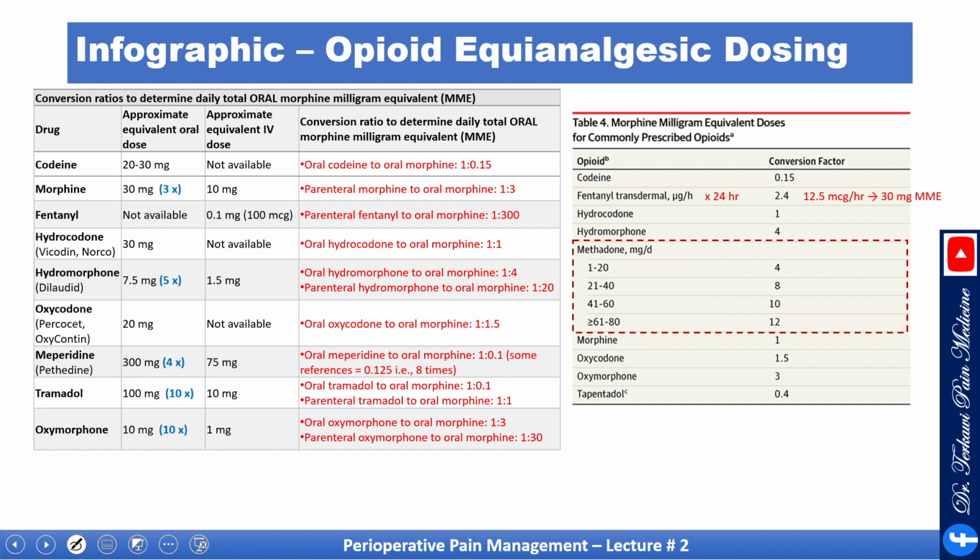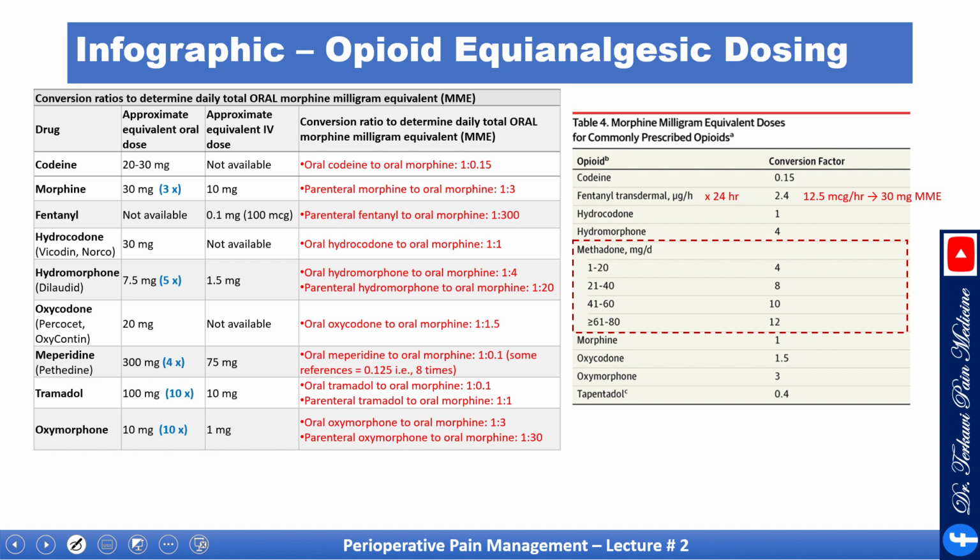I would recommend you save this slide once I finish explaining it and use it as your cheat sheet. I use multiple references because if you go over multiple references, they are not necessarily agreeing all the time, but I try my best to get you the best available references.